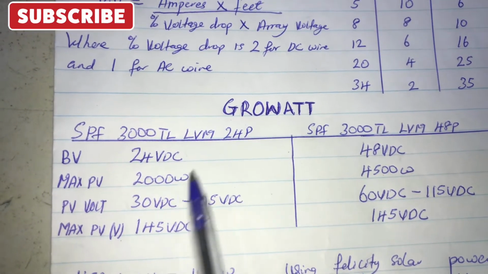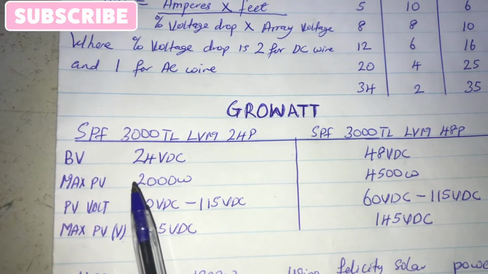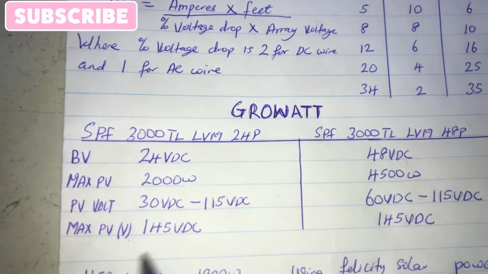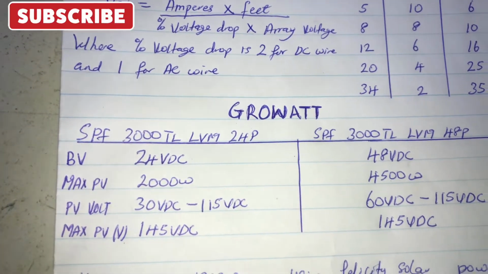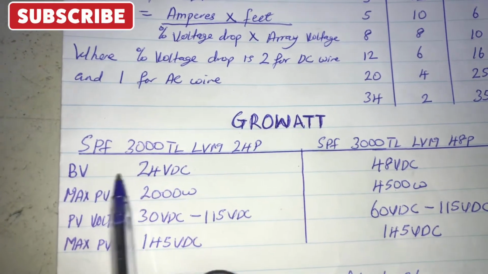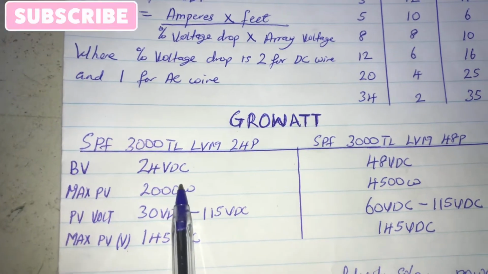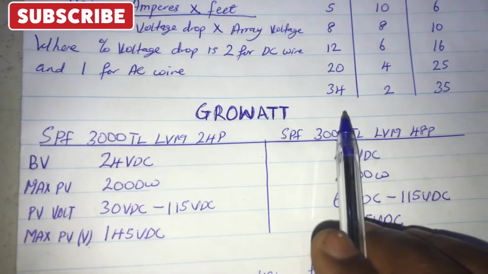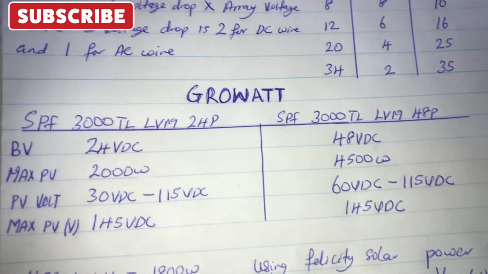With my findings, I have a nominal voltage of 24 volts, for which the maximum PV power it can take is 2000 watts. It cannot take more than 2000 watts, and it's not even advisable to give it that 2000 watts. Here is the battery voltage: the first one, 24p, is 24 volts, and 48p is 48 volts.